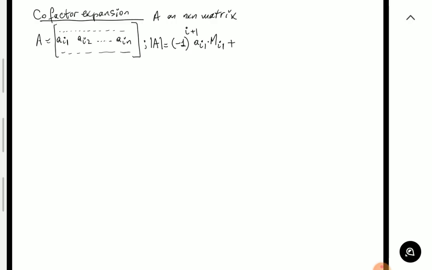And you continue with the summation and add up the similar terms for the rest of the row. So the next element is going to have the signature component, -1 to the power row plus the column of that element, so I plus 2. So notice that this essentially means there is an alternance of signs, minus plus minus plus, or plus minus plus minus, depending on whether I plus 1, I plus 2, and so on are even or odd.